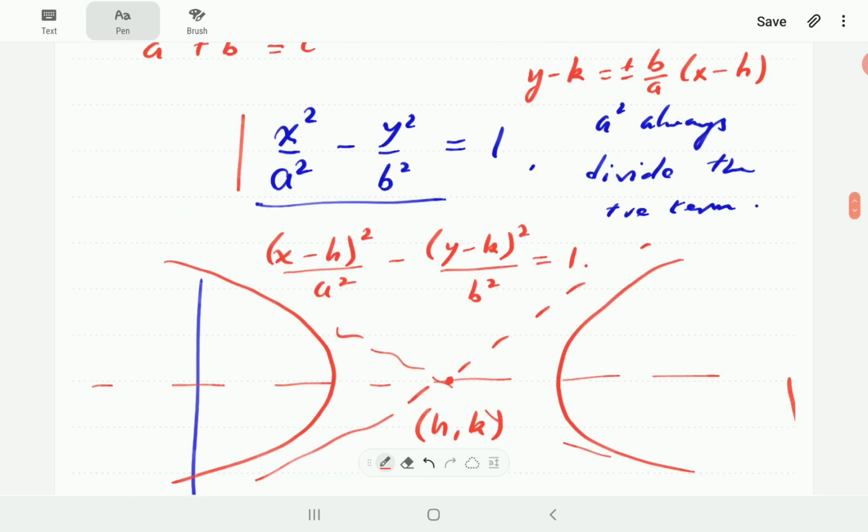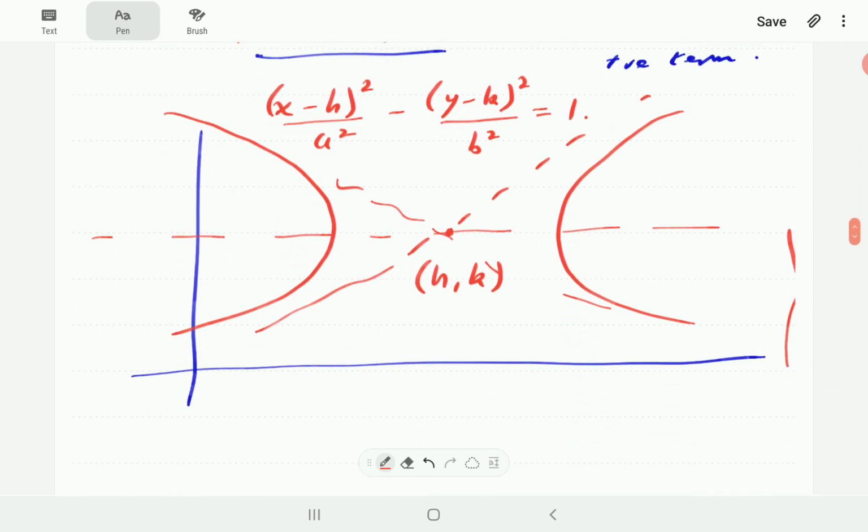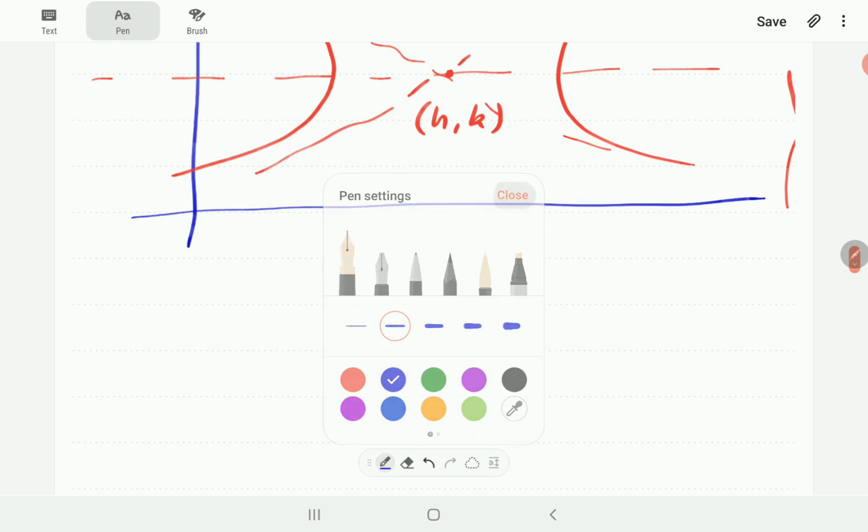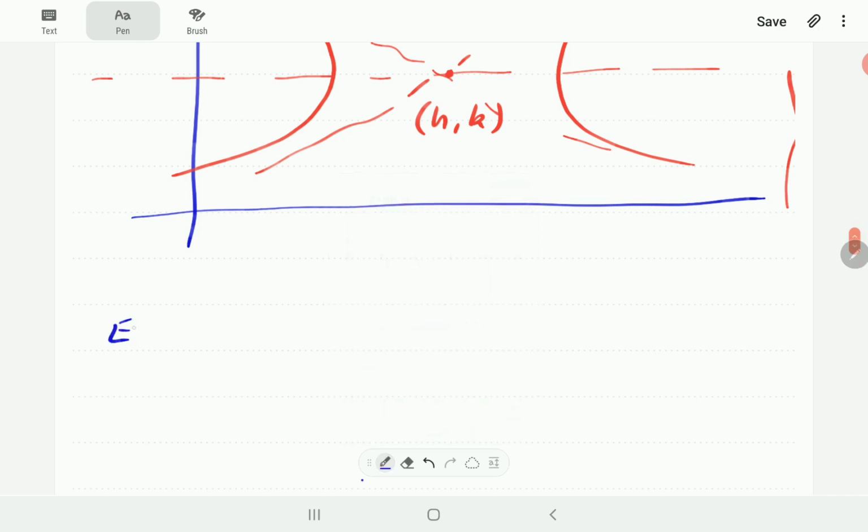The hyperbola is also going to have eccentricity, just like we saw for the ellipse. So the eccentricity is still going to be exactly the same as was defined for the ellipse. So it was c over a.